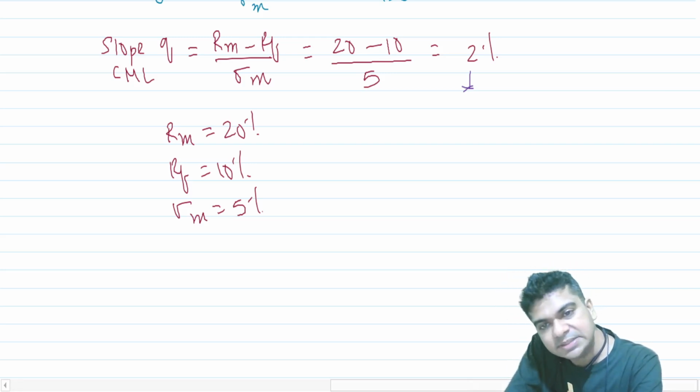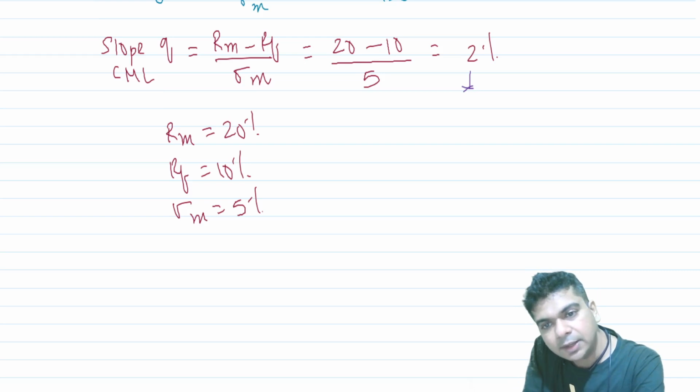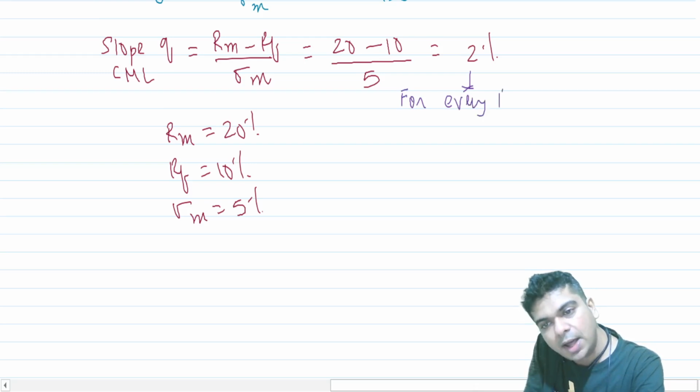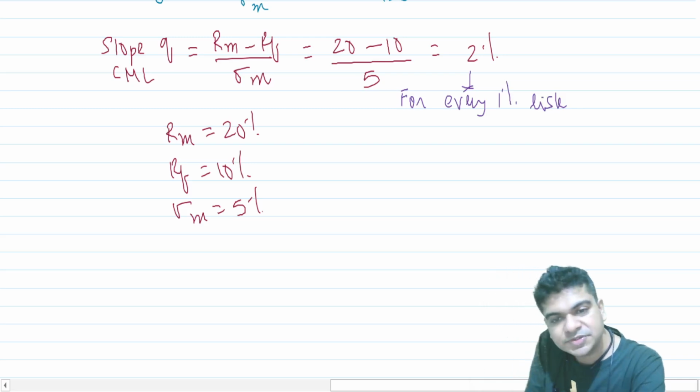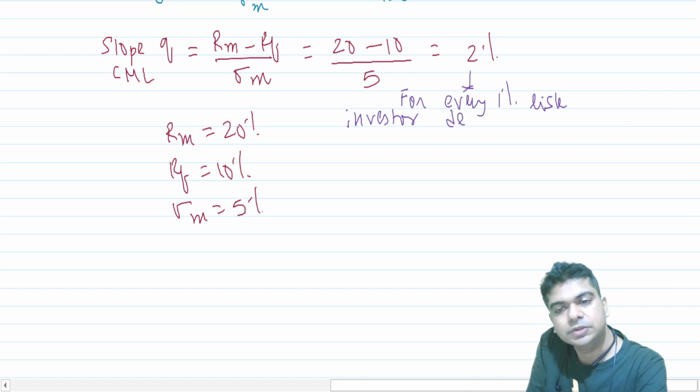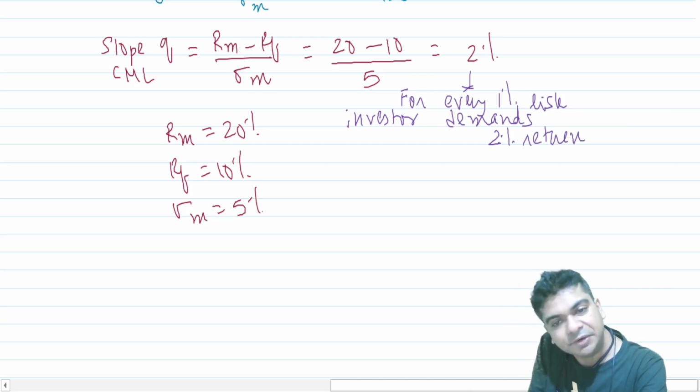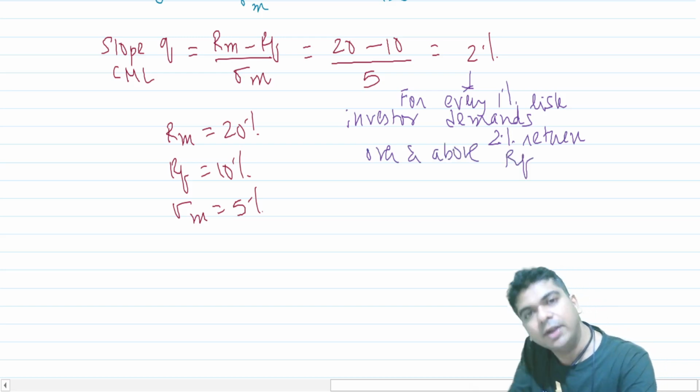So what it means is, for every 1% risk, the investor demands 2% return over and above the risk-free rate of return.